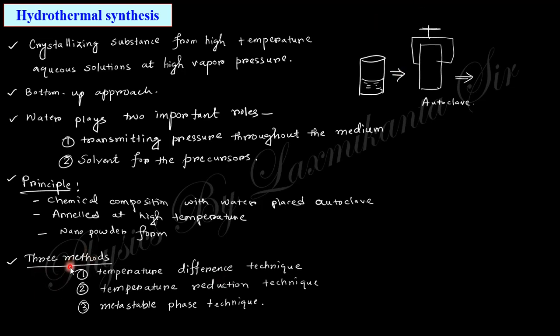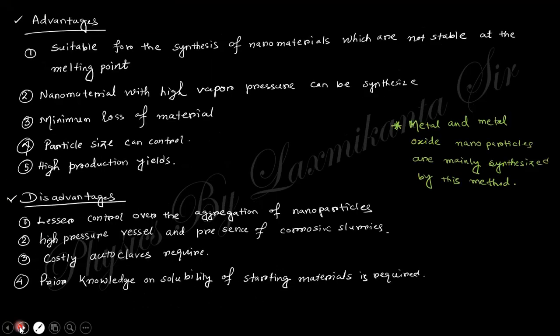Three methods of hydrothermal synthesis are the temperature difference technique, the temperature reduction technique, and the metastable phase technique. The advantage of this method is that it is suitable for the synthesis of nanomaterials which are not stable at the melting point.